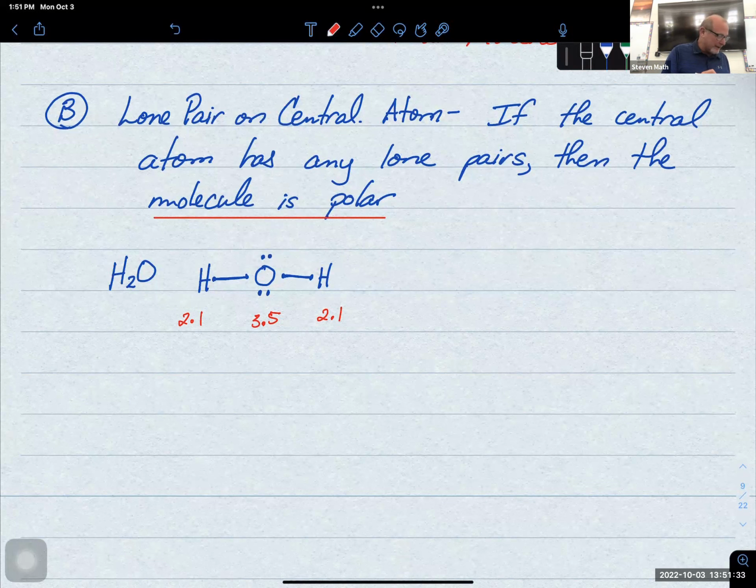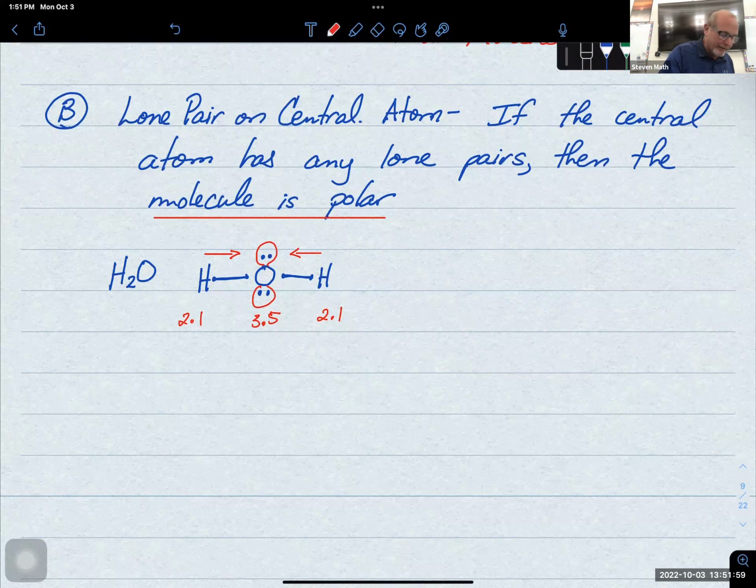So what this means with my arrows is the electrons from hydrogen are being pulled in towards the oxygen. So what that's doing is the electrons from hydrogen are being pulled in, and the electrons from the oxygen are sitting there too.